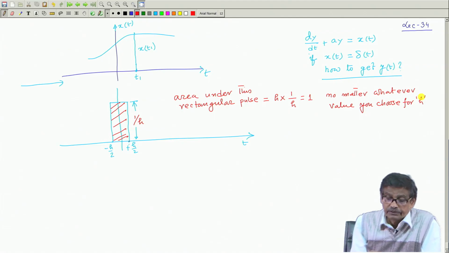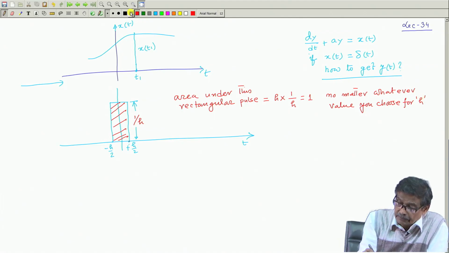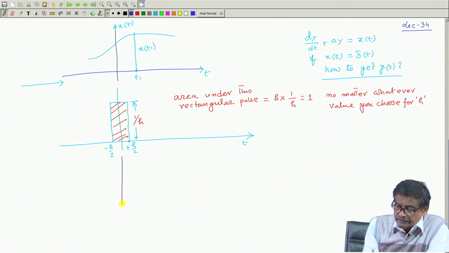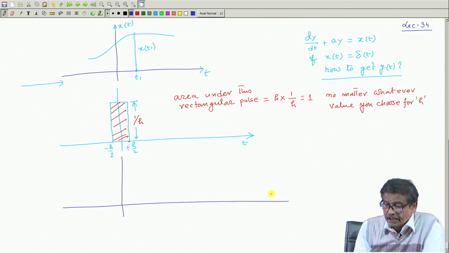Now, the next thing I told you is that I will make the value of h smaller and smaller, such that these 2 points will come closer to the origin, t equal to 0.